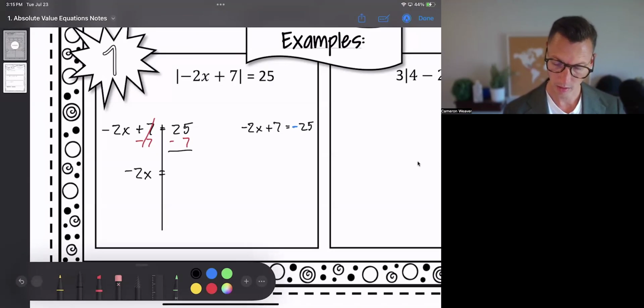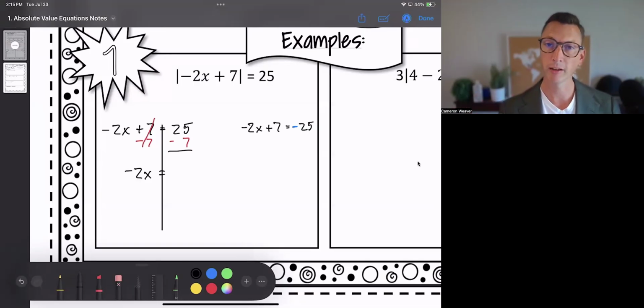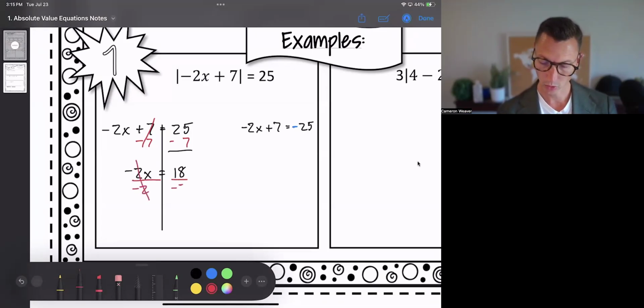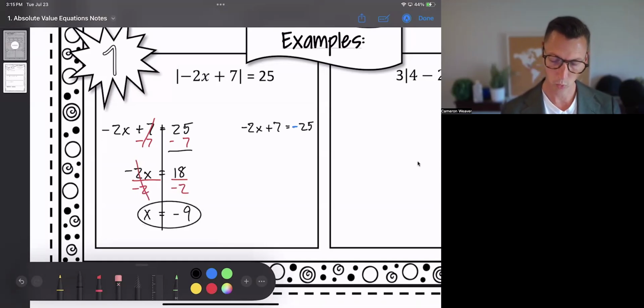Negative 2x is equal to 25 minus 7, which is 18. Last step, the -2 and the x are side by side, so we must divide. Divide by -2, x equals -9. This is one answer, okay?